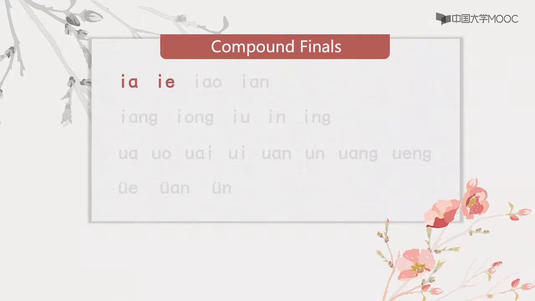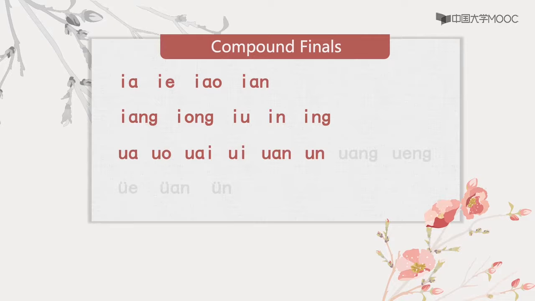Have a try by yourself, and then read after 朱老师. 鸭、耶、腰、烟、央、拥、忧、阴、英、蛙、窝、歪、微、弯、温、汪、翁、约、渊、晕. Now, how about practicing some more words?